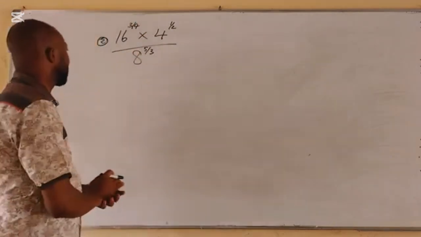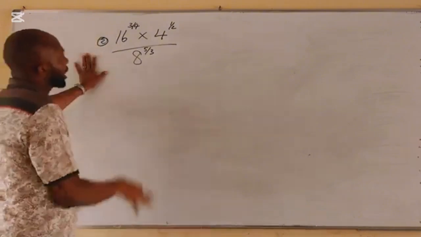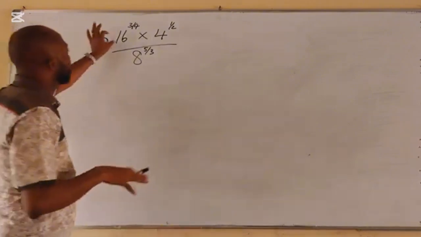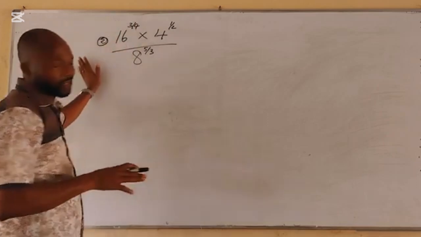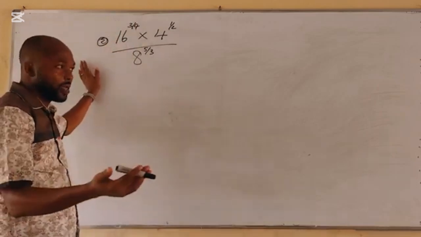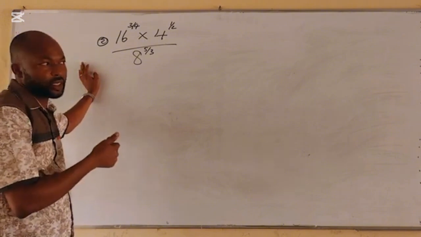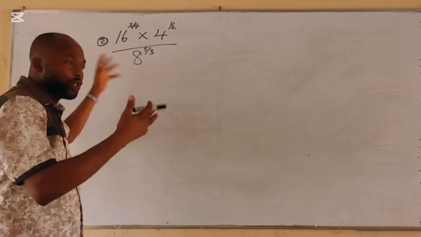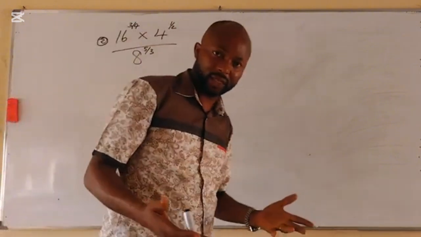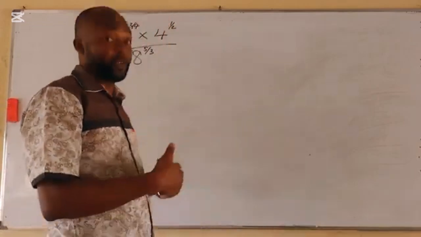Let's see what to do. Now, if you look at this question, there is something unique about 16, 4, and 8. Very, very unique. These numbers can be reduced to have a common base. All of them can be reduced to have a common base.